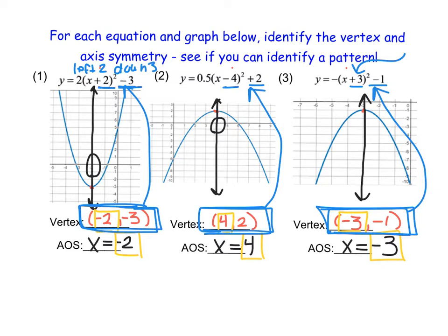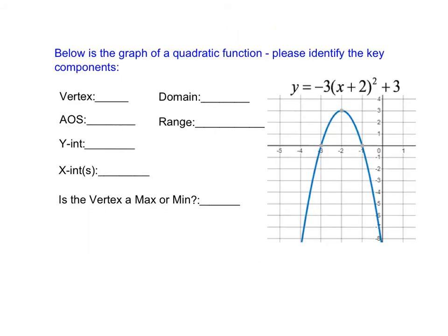So we can actually look at a vertex form equation and identify our vertex, hence why it is called vertex form. So while we are going to graph our own functions soon, we're going to start by being able to identify a lot of the key information that we see on a graph. So on this particular graph, you can see the graph of y equals -3 times the quantity of x plus 2 squared plus 3.